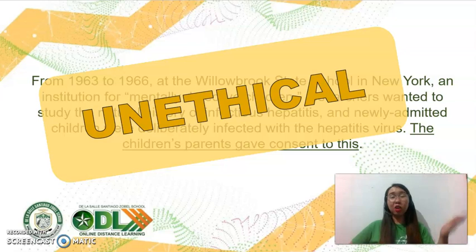Just like what I've told you earlier, they could have just involved actual hepatitis patients, and even though they would want to examine the natural progression of the disease, from toddler up to what age, still it broke the rule of non-maleficence.